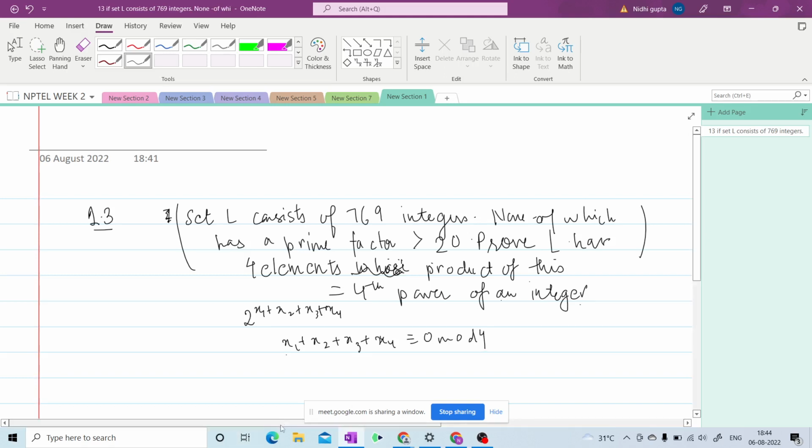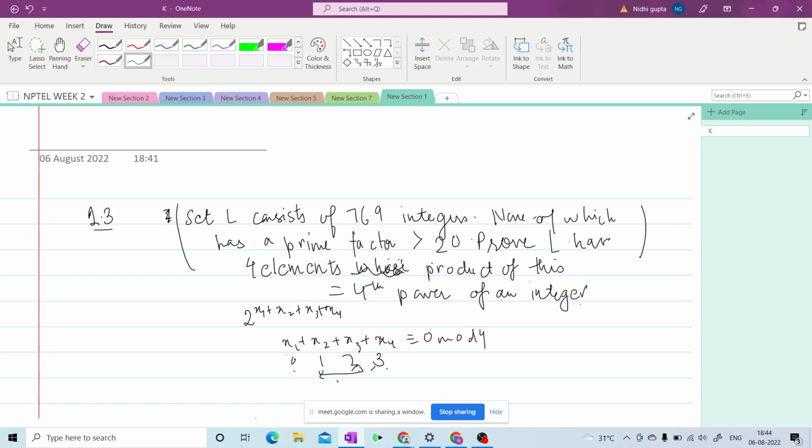Each of x1, x2, x3, x4 has four possibilities: either I can have a 0 remainder or 1 or 2 or 3. But if you have a 0 remainder, 1 remainder, 2 remainder, 3 remainder, you add these all and you get 6, which is 2 mod 4, not 0 mod 4. This won't work.